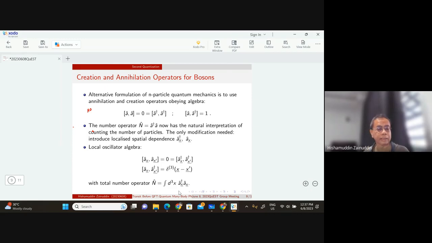In that way you'll be able to remove the Dirac delta function, and essentially it simply counts the number of particles, integrated over all space.